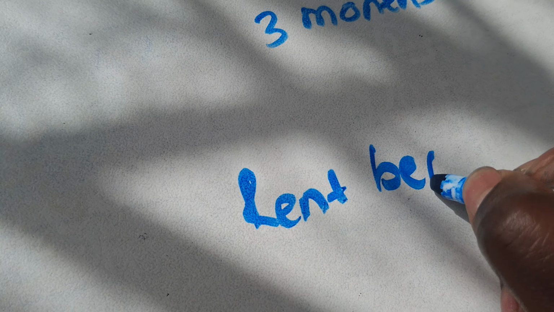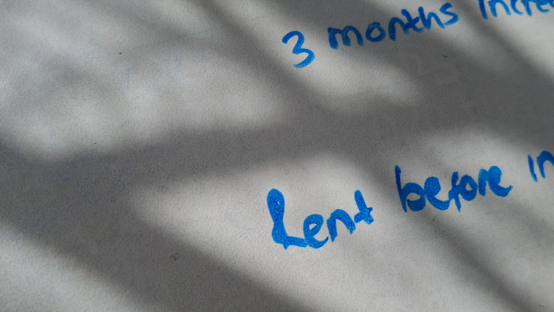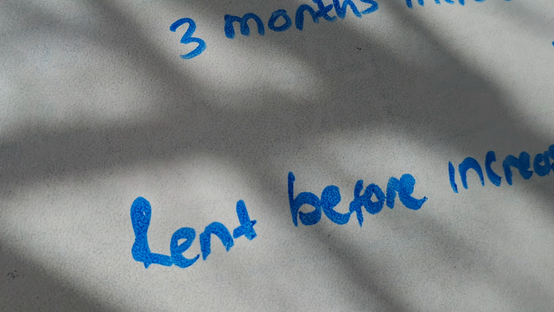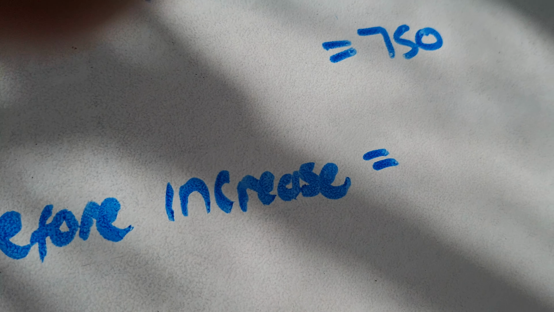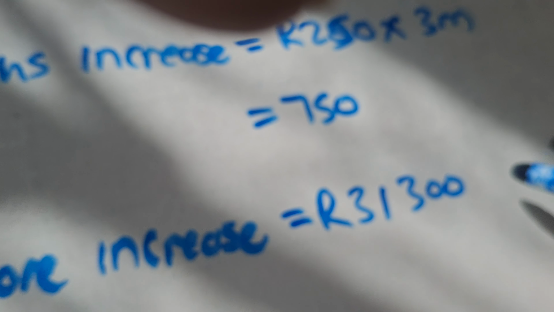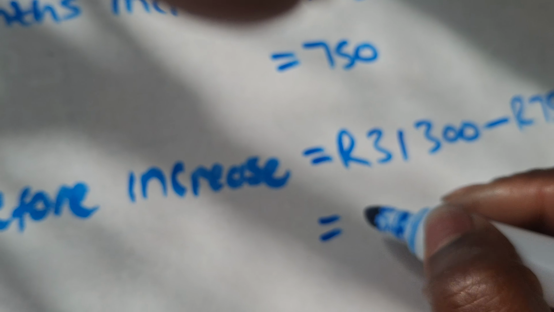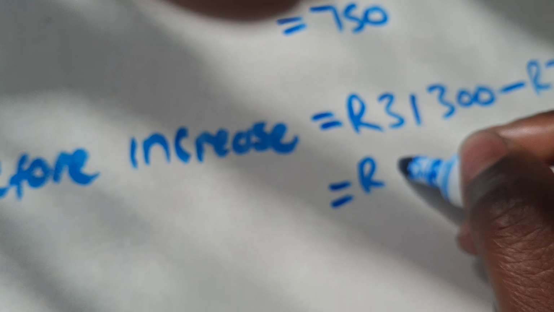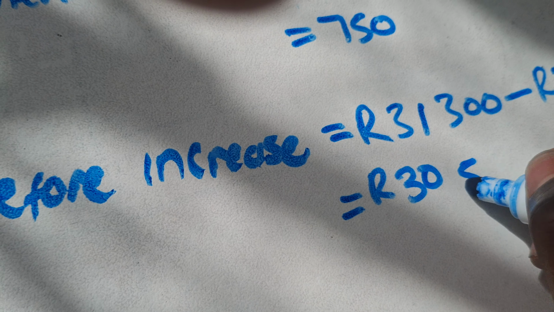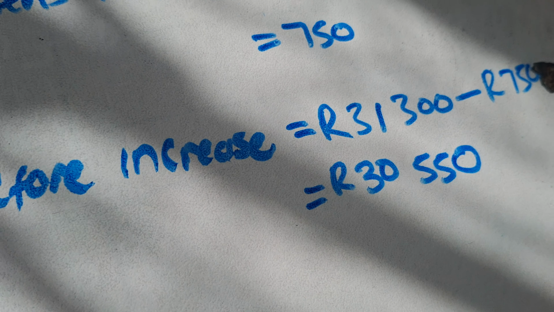We are given in the trial balance that the rent is 31,300, minus the increase, which is 750. Then rent before increase was 30,550.